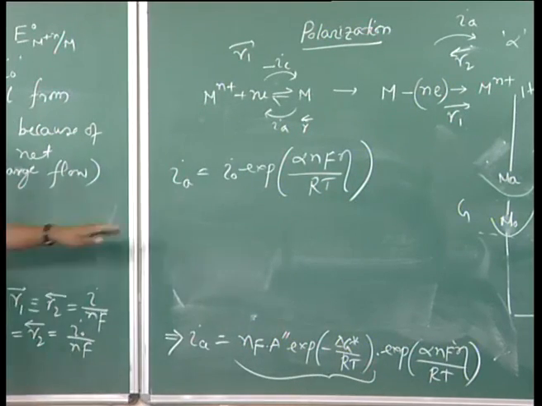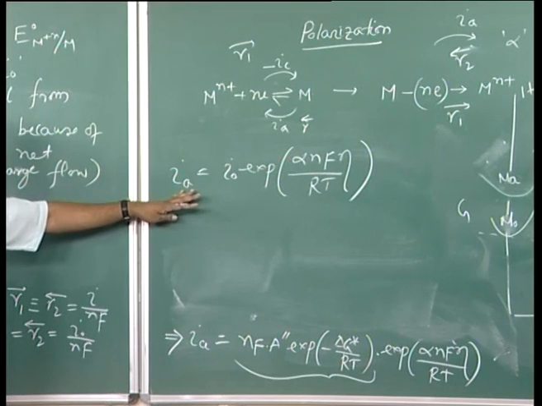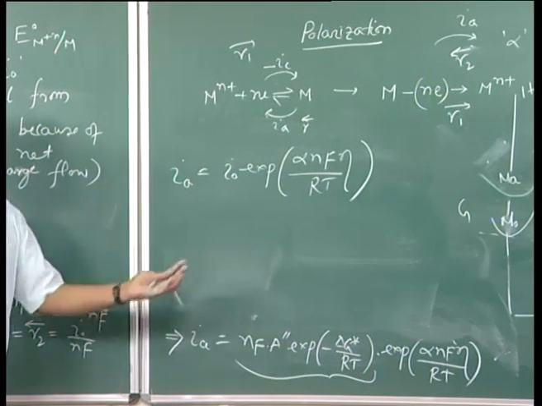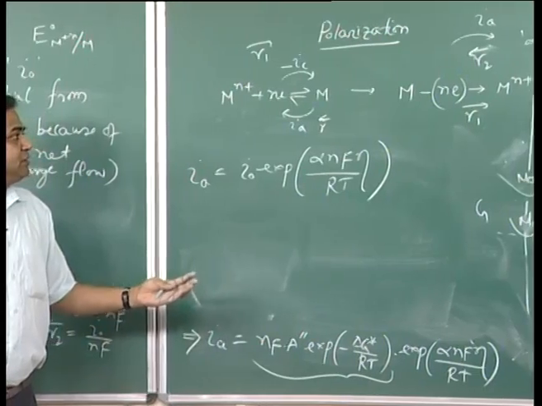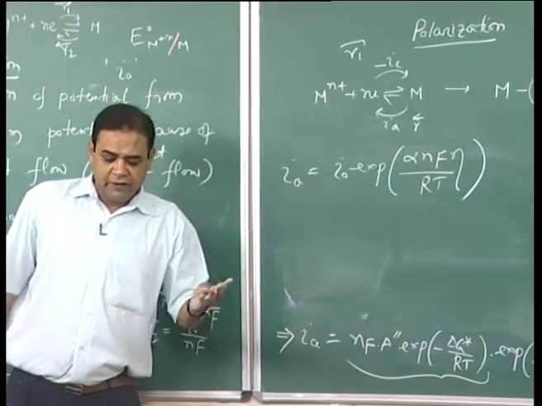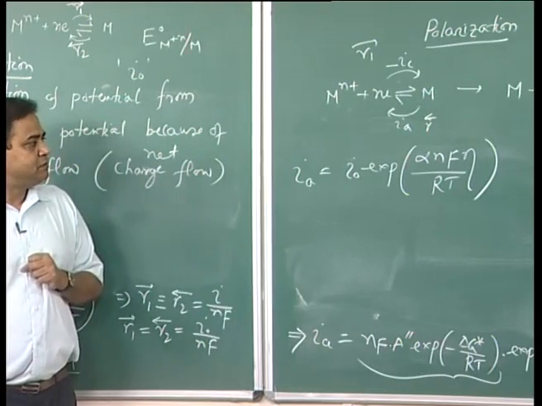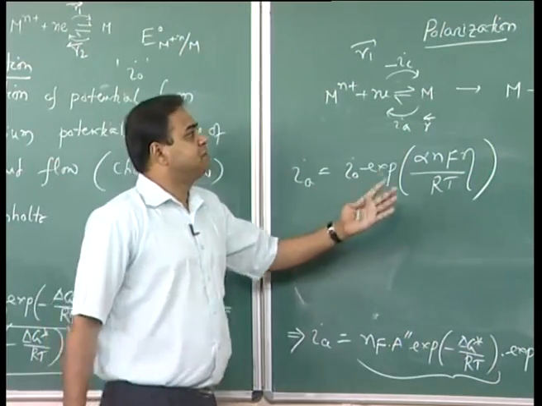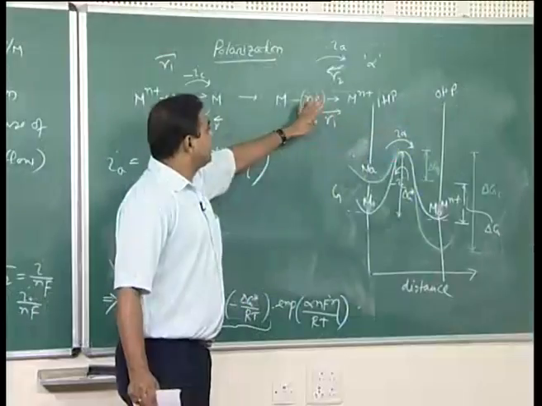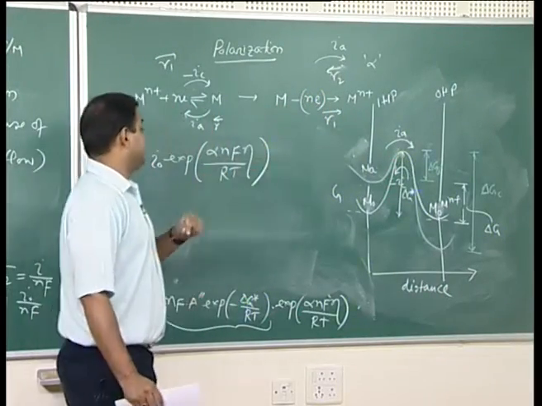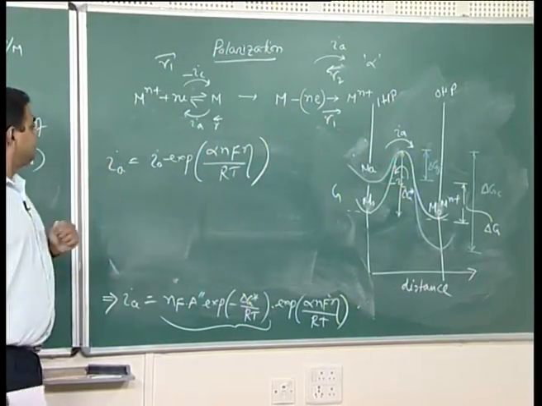Now, you see that the anodic current, which is nothing but the rate of electron transfer from the metal, or the rate at which the electron is taken away from the metal to form metal ion.